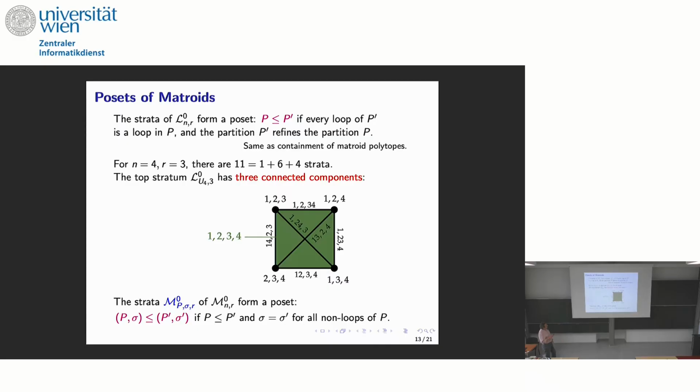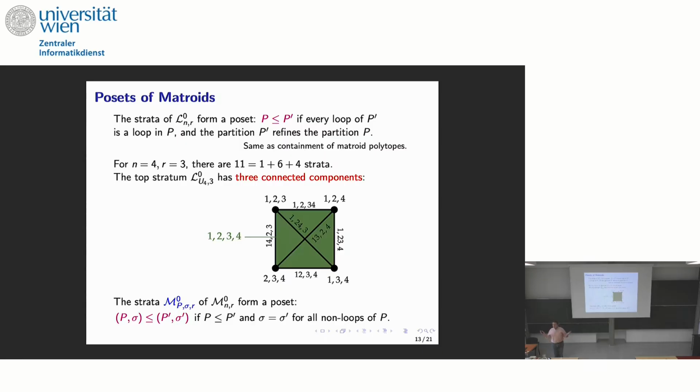Okay, I'm going to say a matroid P is less or equal to another matroid P prime if every loop of P prime is also a loop in P. So in the P prime story, whoever gets sent out also gets sent out in P. And the partition P prime refines the partition P. This defines a partial order on the set of rank 2 matroids.